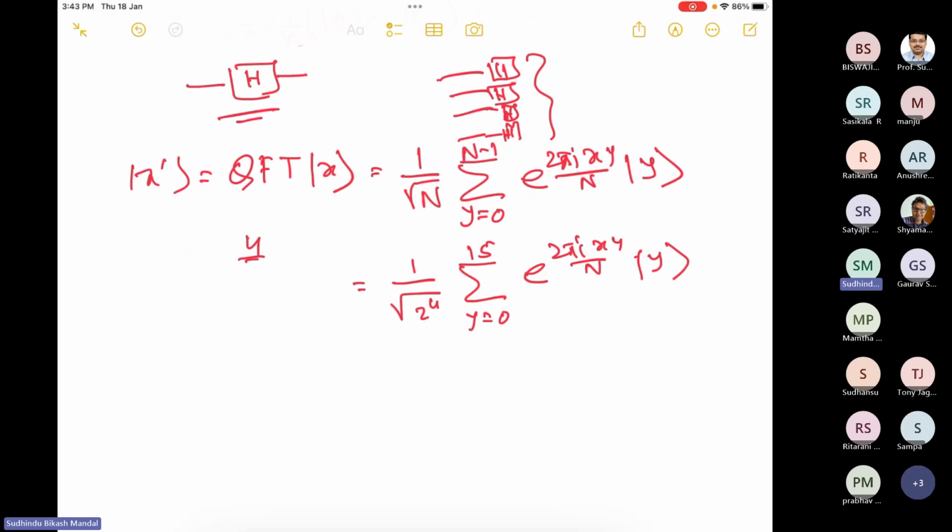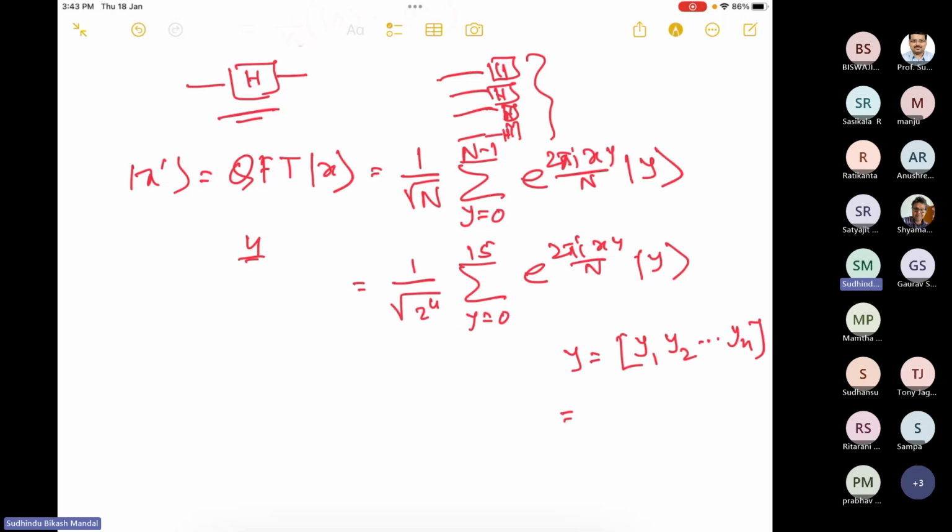So if I write y as y1, y2, up to yn, what is that? This is the binary representation of the decimal.